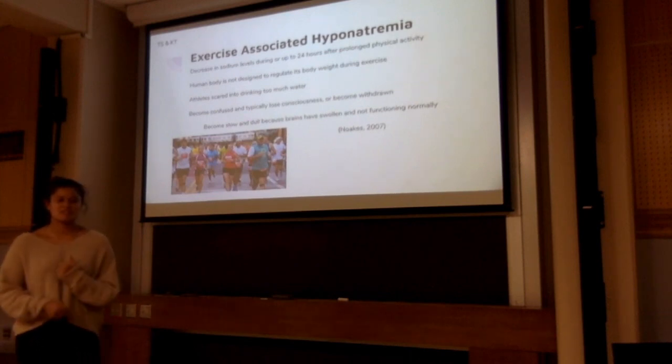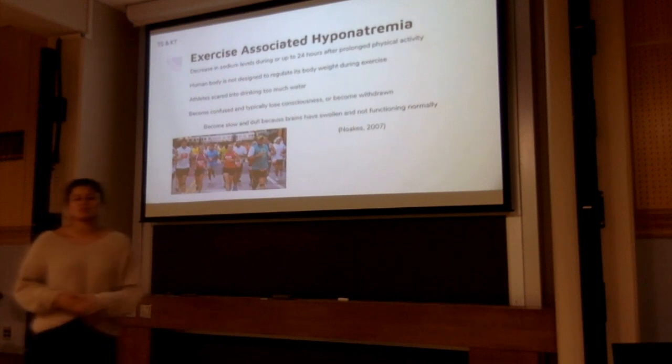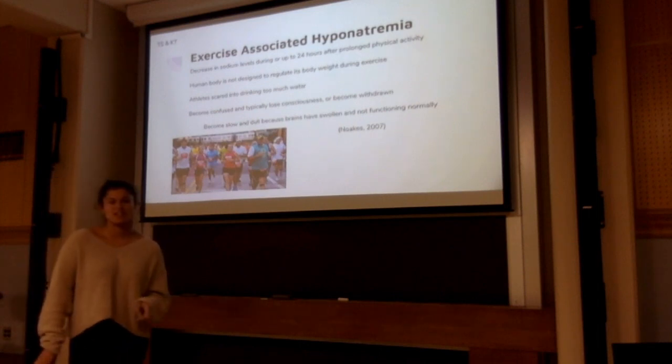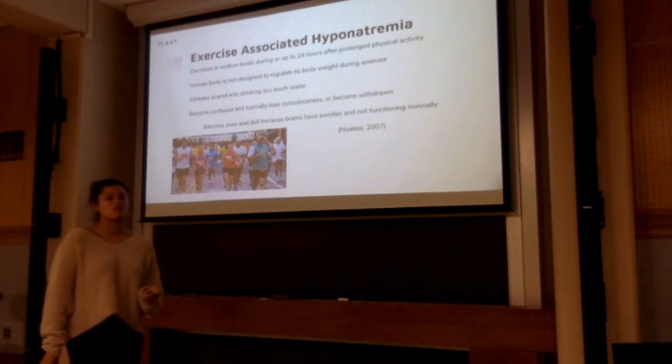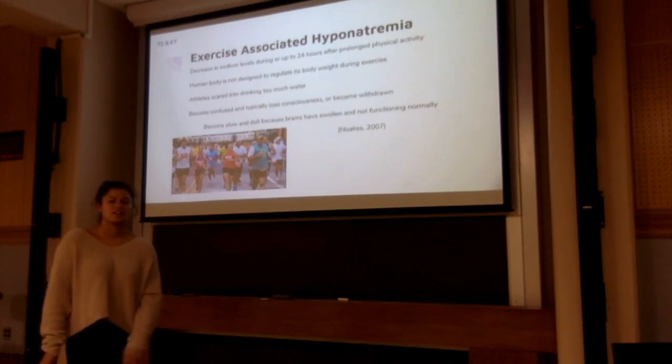So basically, with exercise-associated hyponatremia, you just have to know how your body works and not be hyperhydrating, because that's actually how it's caused. So you just want to drink during the event, and it's been proven that having sodium intake during the event is not going to help you at all, because the factors are already onset.